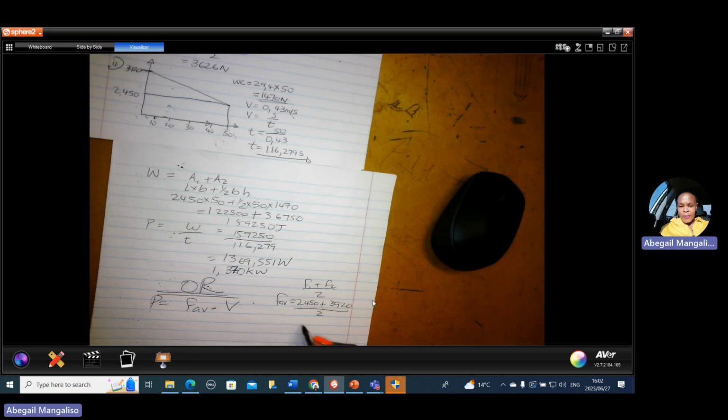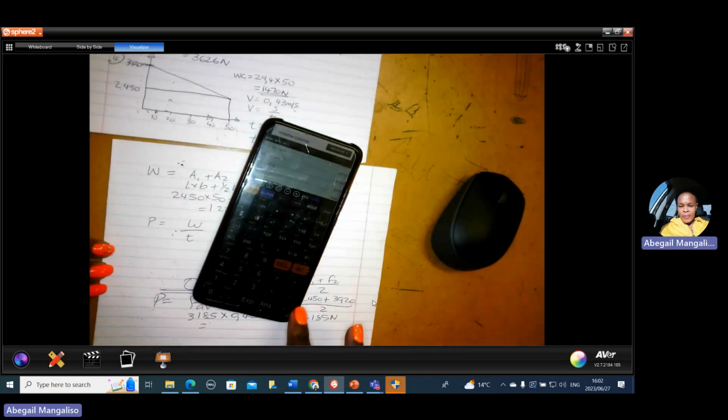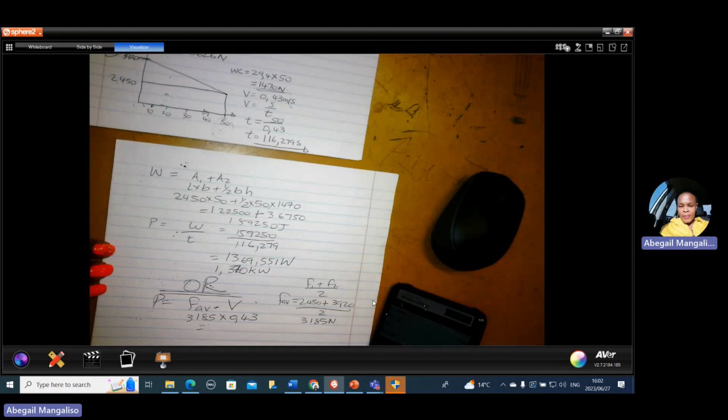It will be 3,185 newtons. So we substitute this, 3,185 multiplied by 0,43. When we multiply by 0,43, it is 1369,55 watts, which is the same answer as this one.